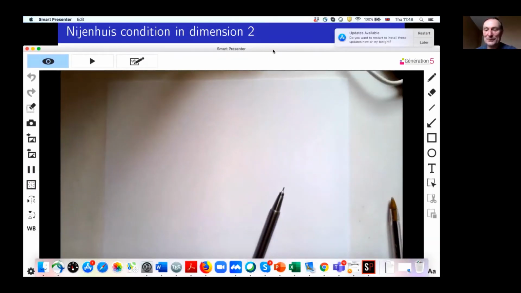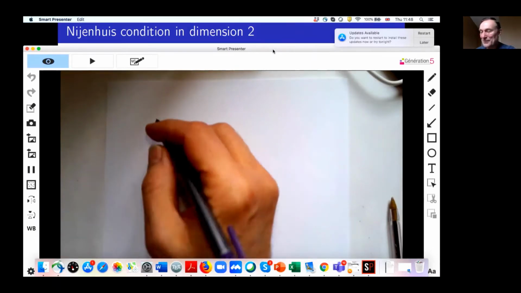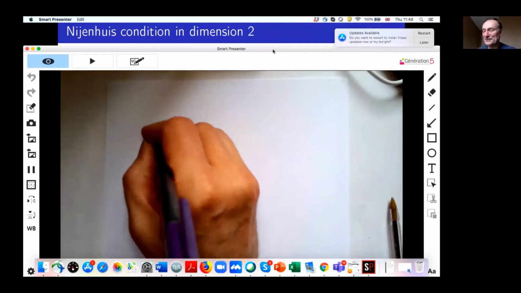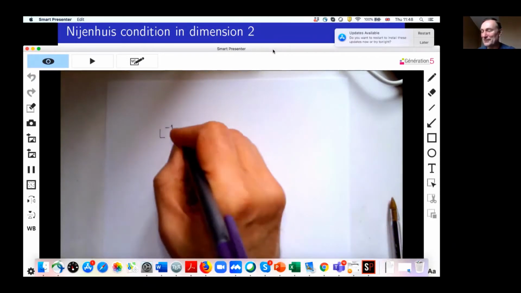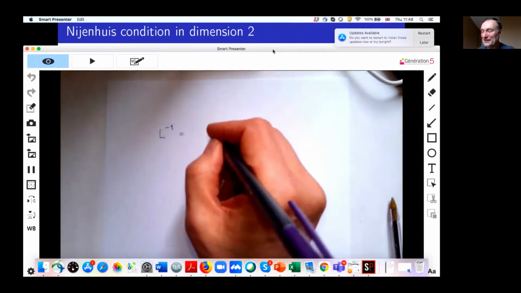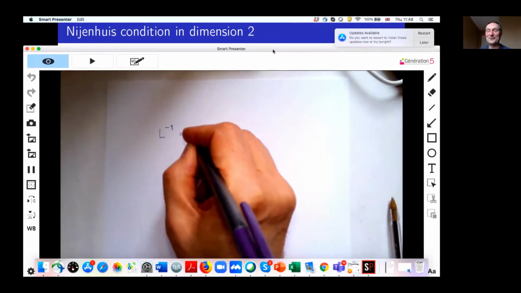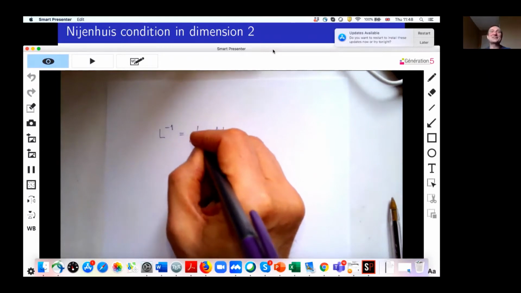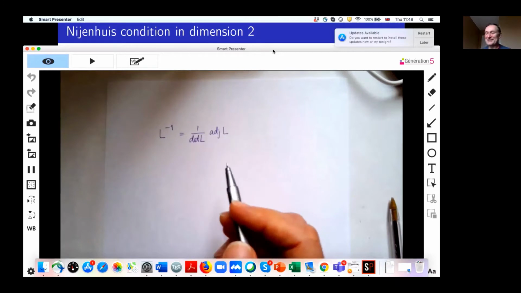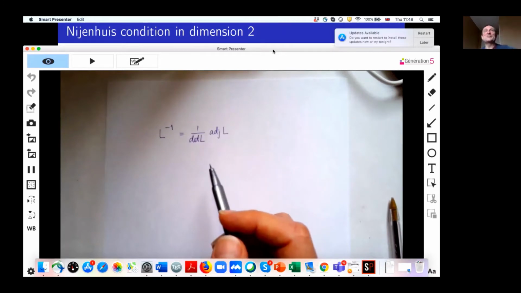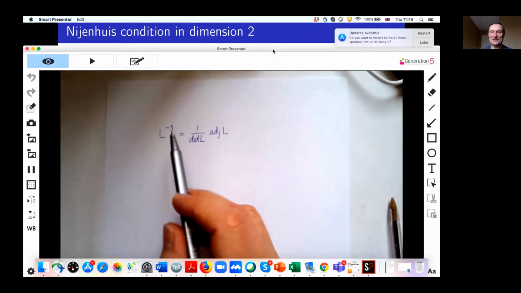When you compute the inverse matrix for L, you take exactly the adjugate matrix of L and divide it by the determinant of L. This is a standard formula, and this is the definition of the adjugate matrix. You can think of it as the inverse matrix of L multiplied by the determinant.